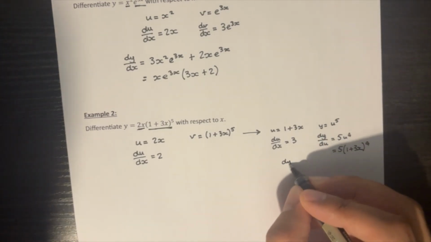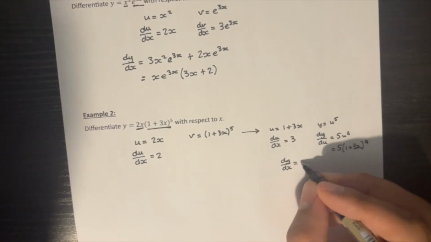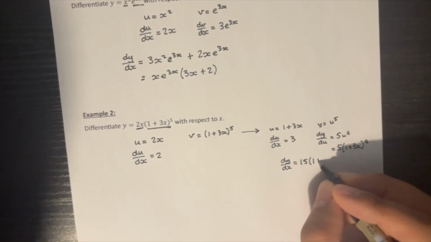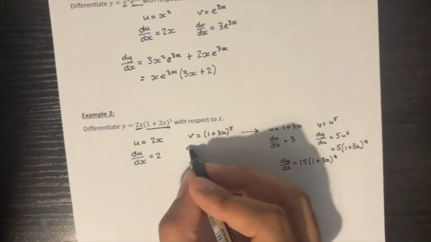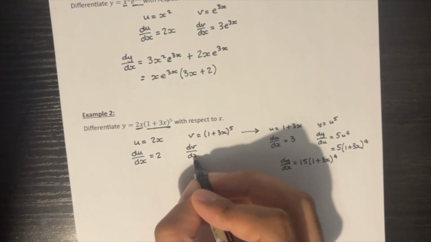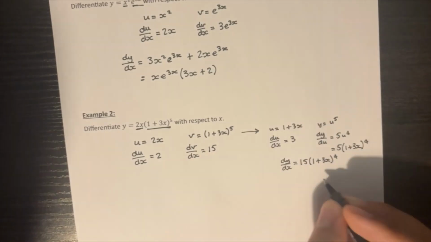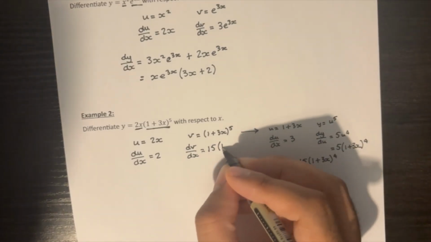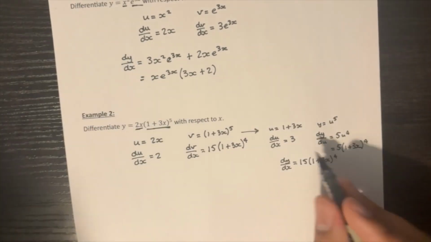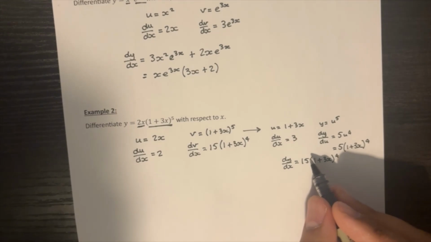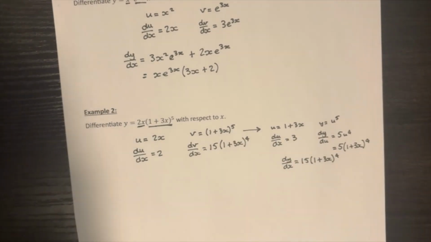Therefore, dy by dx, so differentiating this, would give us 3 times 5 is 15, lots of 1 plus 3x to the power of 4. So dv by dx is equal to 15 lots of 1 plus 3x to the power of 4. We've just used our chain rule there to help us to differentiate that term, and now we're going to go back to our product rule.